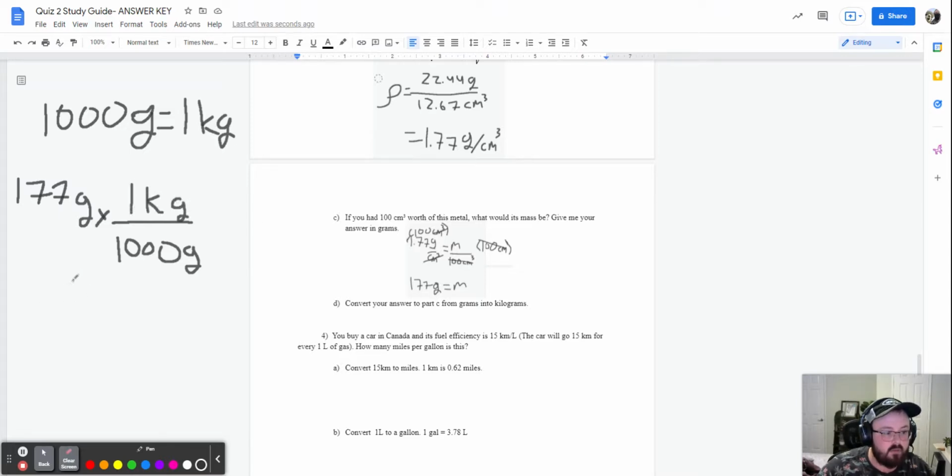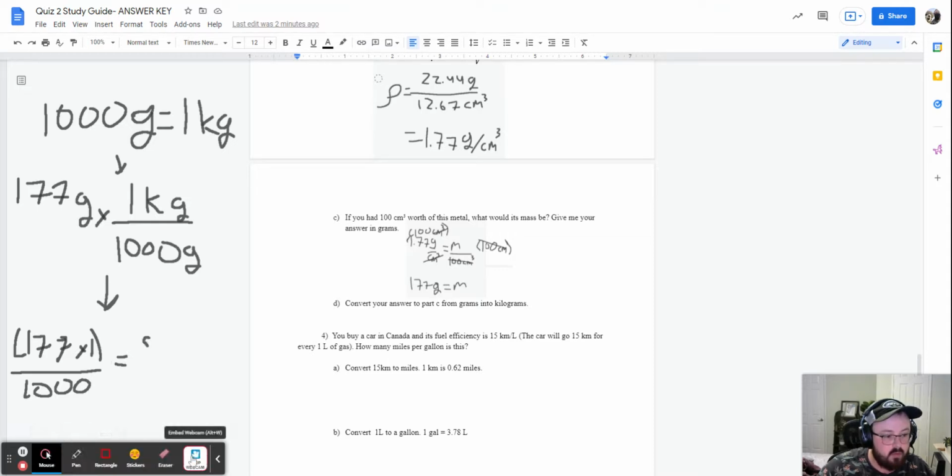We're going to multiply through, so I'm going to give like arrows. This is kind of where I am going. So we're going to do 177 times 1 over 1,000.